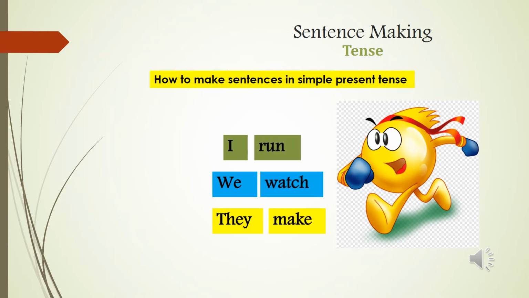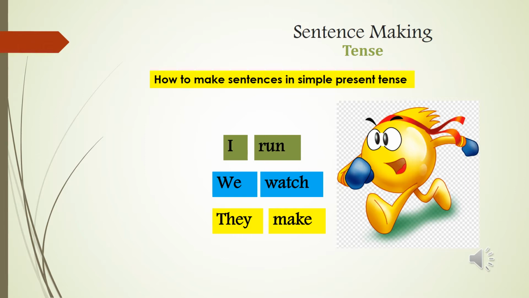So how can we make sentences in simple present tense? This is very simple. This is very easy. So take a subject, I, and only put a verb beside it. Yes, I run. There is nothing in between I and run.